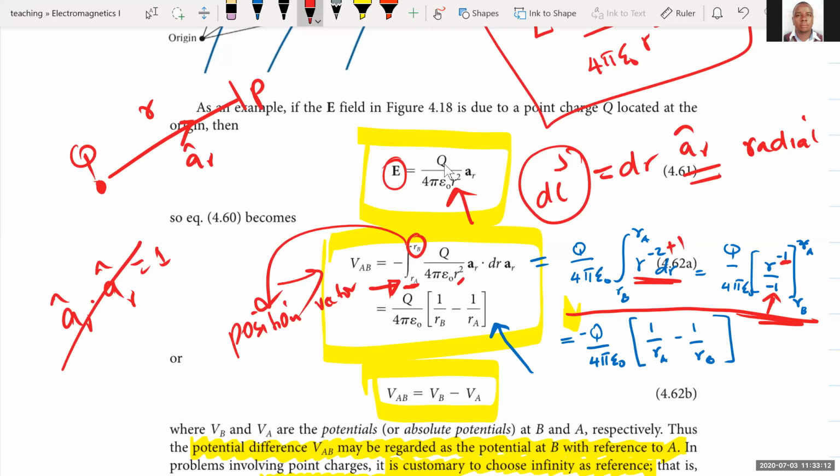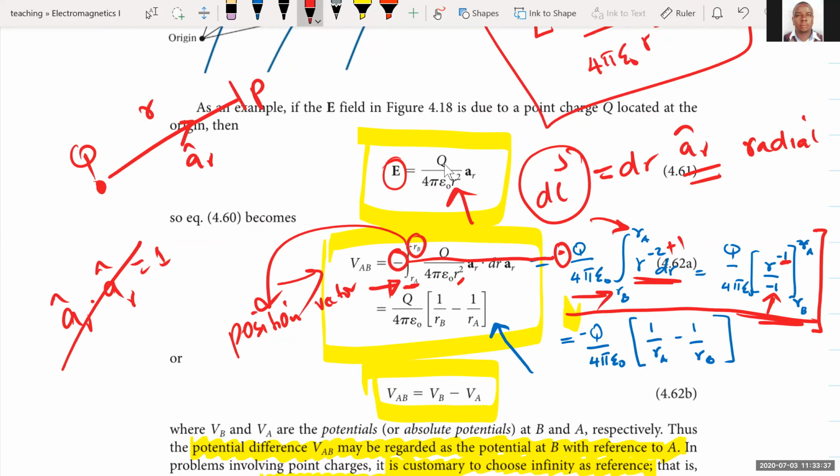You might observe that here I have put r_A and r_B in the reverse version, because we had the negative. So if you remove this negative, that means you can reverse the limits of integration, and that is how it comes to this.